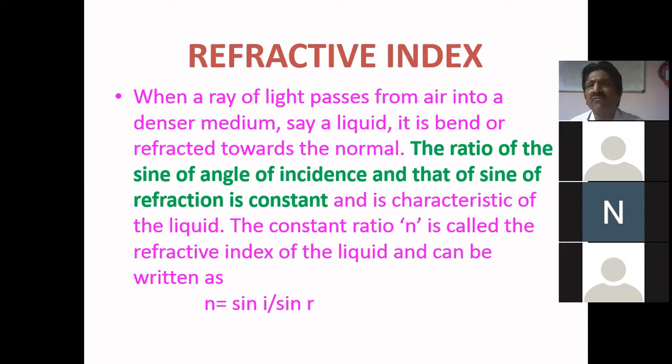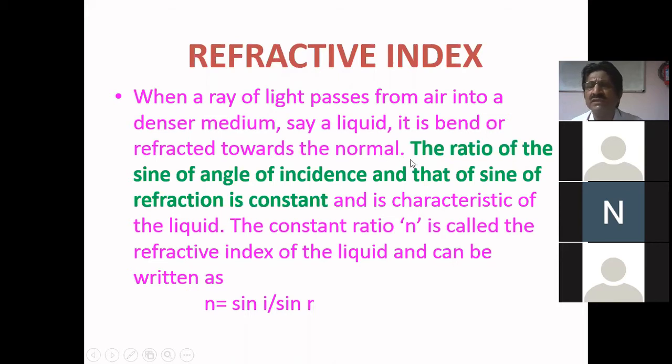So when a ray of light passes from air into a denser medium, air is a rarer medium, and the denser medium may be a liquid or a solid, it is refracted towards the normal. This is a very unique phenomenon of light when it travels. This is what we call the refractive index.